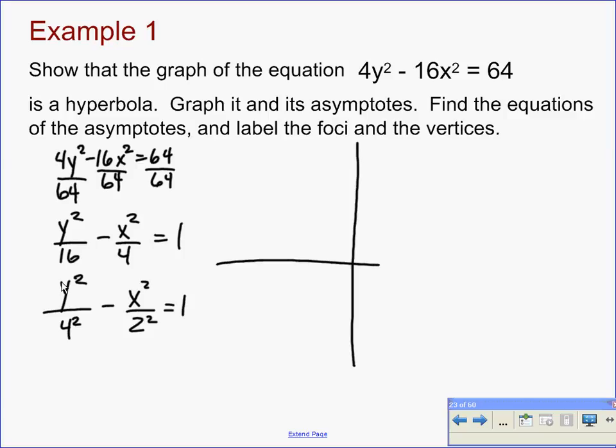So at this point, what I like to do is just go ahead and sketch what I think is going to happen and then label it, so I don't put any numerical values on here. I just say, okay, so I know it's going to open up and down. So I've got two asymptotes here. And let's go ahead and get our graph in green.